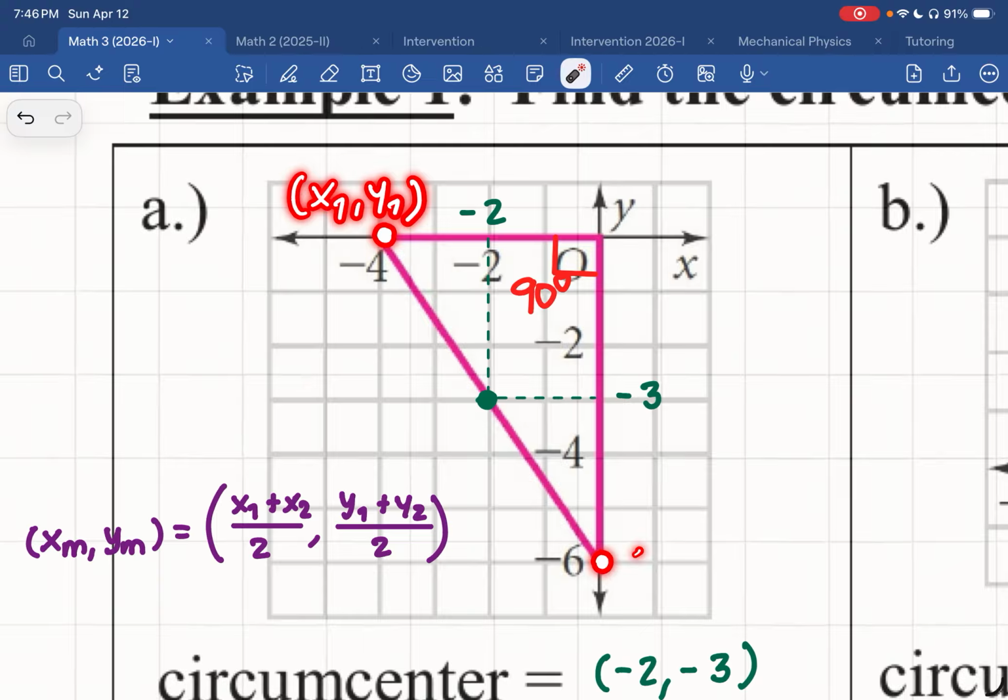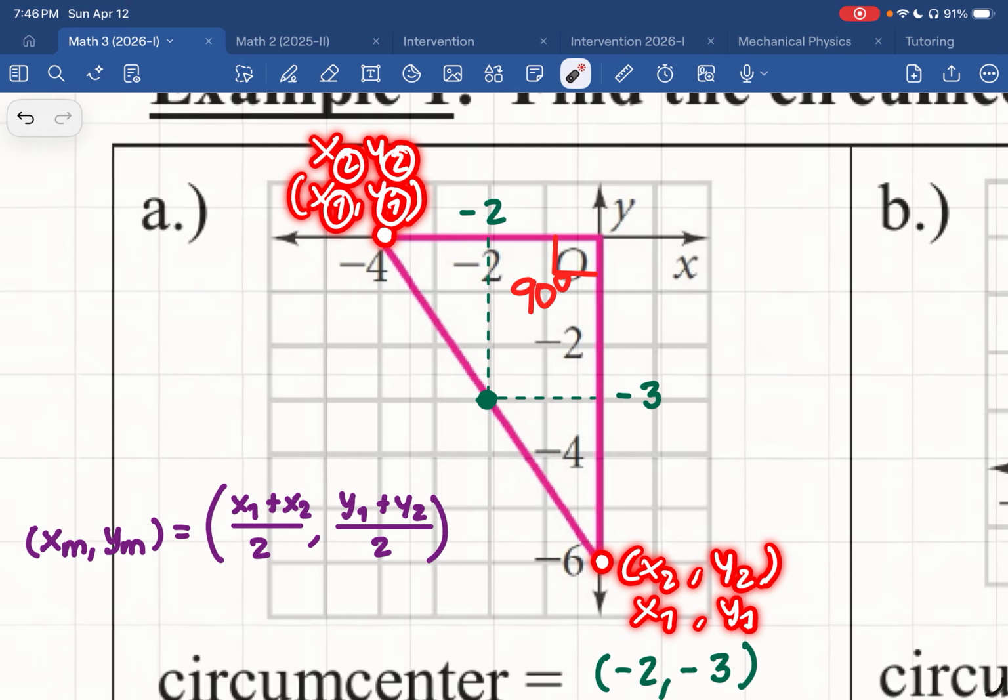And this is x2, y2. Or we can do it the other way around. We can say this is x2, y2, and this is x1, y1. It doesn't matter which one you want to be the ones and which one you want to be the twos. Anyway, if you use 2 here, both of them have to be 2. If you use 1 here, both of them have to be 1. And the same happens here, okay?